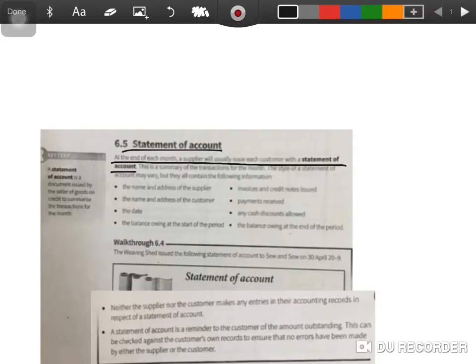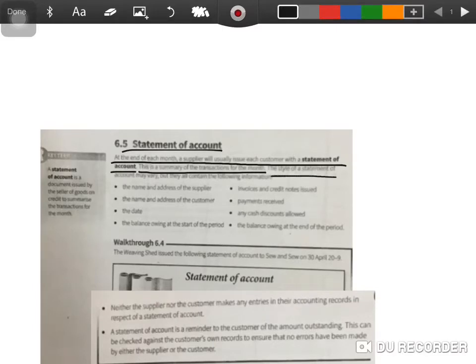Similarly, a supplier also issues each customer with a statement of account. So why does the supplier do this? This is a summary of the transactions for the month. The statement has details of all the transactions that were done with that particular customer during a specific month.